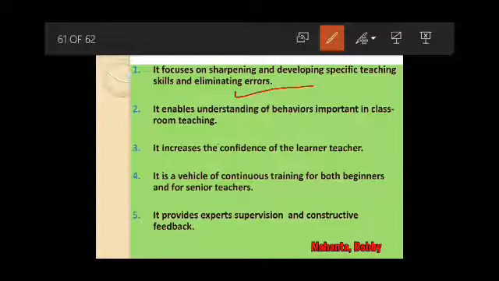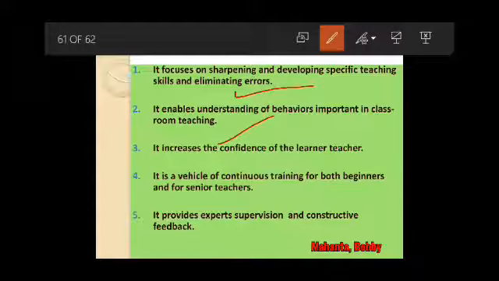The next is it enables understanding of behavior that is important for the classroom teaching. So whichever behavior or attitude or responses required for making the teaching more student oriented and friendly, the teacher needs to adopt those particular skills.